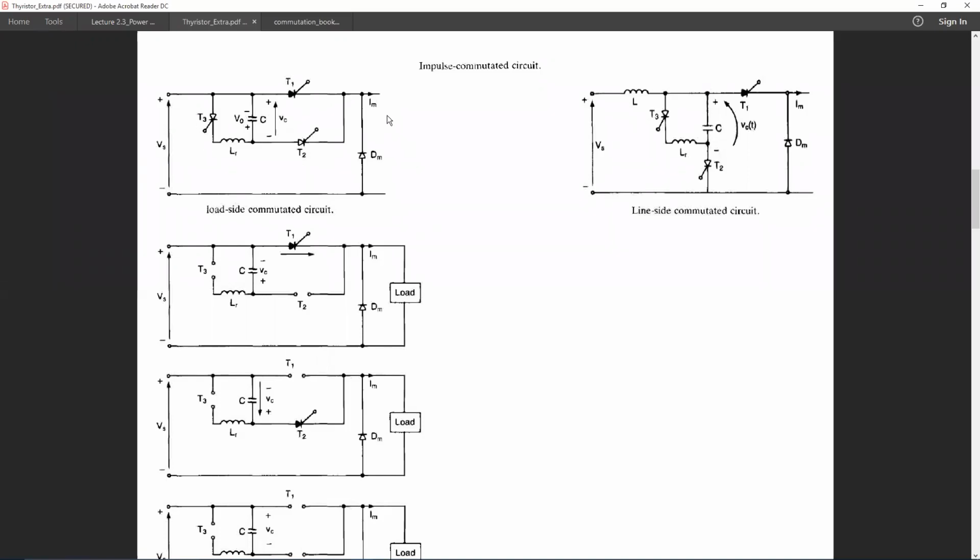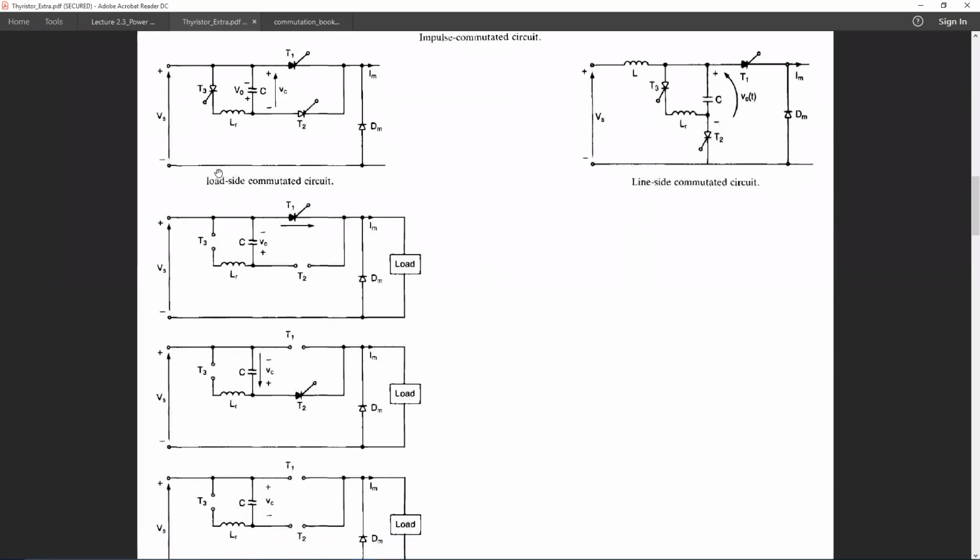In the book, the load isn't shown, but actually the load is connected throughout the entire process. So the load is essential for this commutation process in case of a load side commutation. And here is a diagram of the same or similar circuit that doesn't depend on the load in order to charge or discharge this capacitance or inductance.